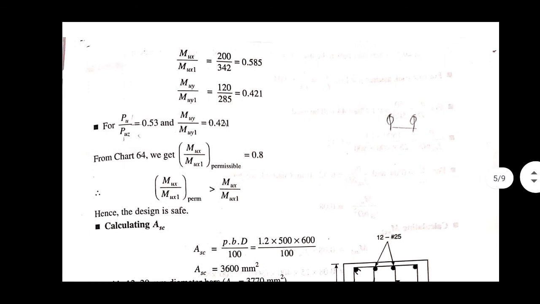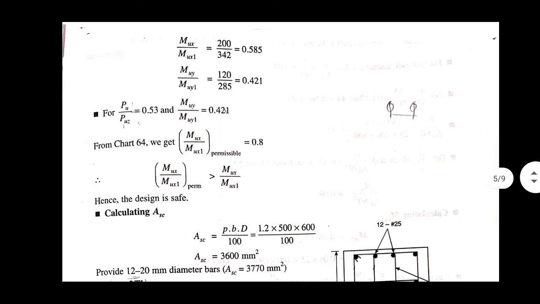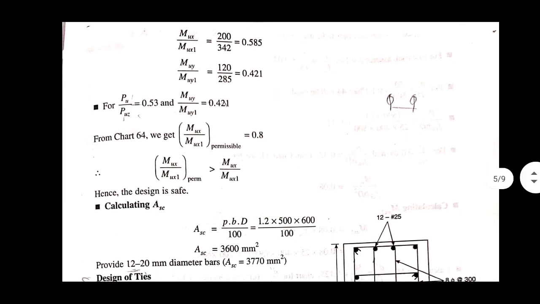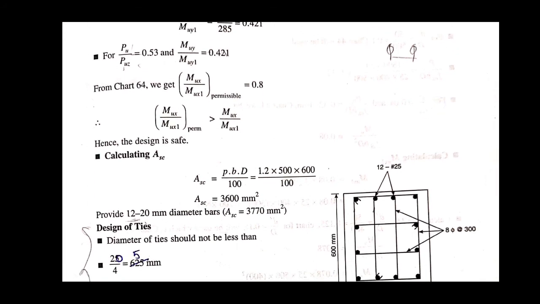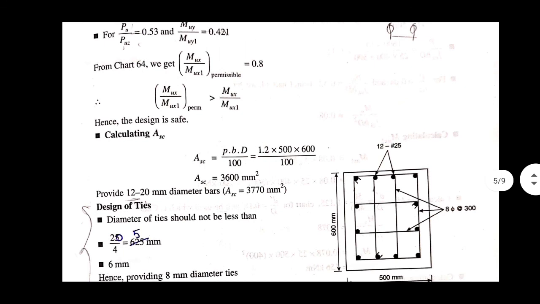So from chart number 64, the permissible value of Mux by Mux1 is 0.8. The permissible value of Mux by Mux1 is greater than the provided Mux by Mux1. Hence the design is safe. Now we have to calculate Asc.